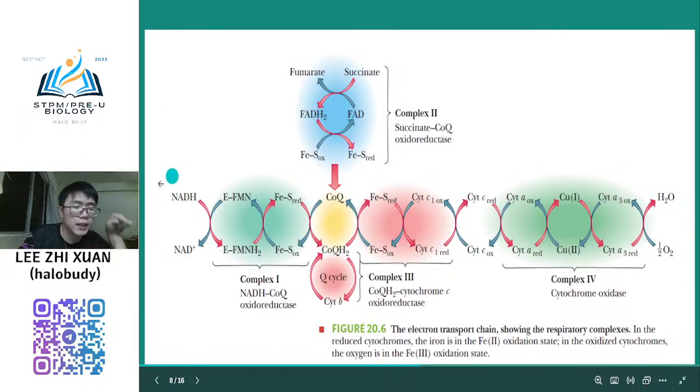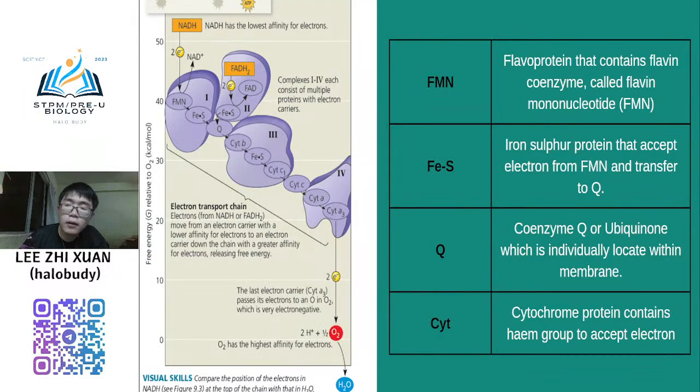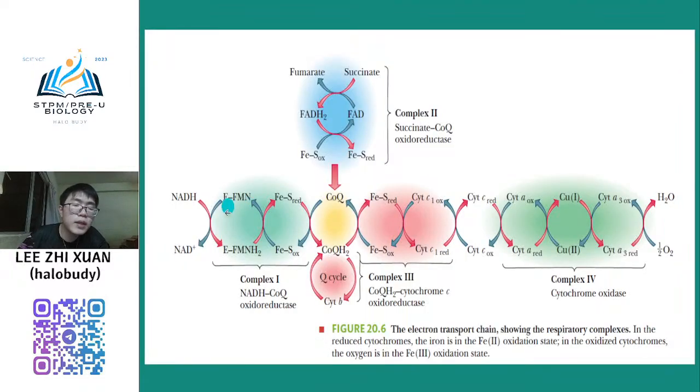So macam mana tengok, you see here, I go to NADH first. The NADH as the electron carrier, dia akan oxidize. NADH will be oxidized to form NAD+. So oxidation, it will release electron. Dia release electron kepada FMN, flavoprotein. Okay, it will release the electron to the flavoprotein.